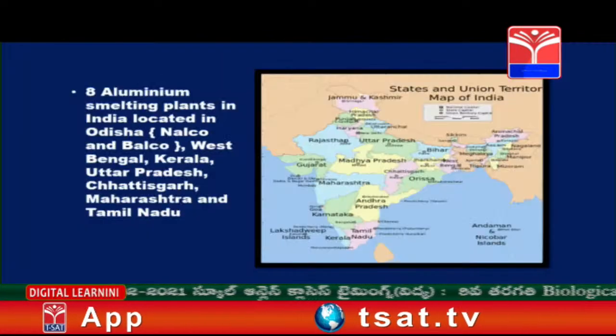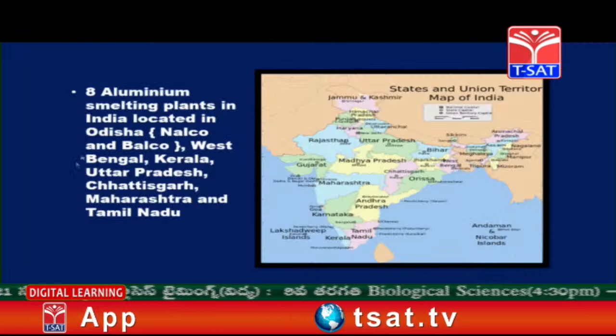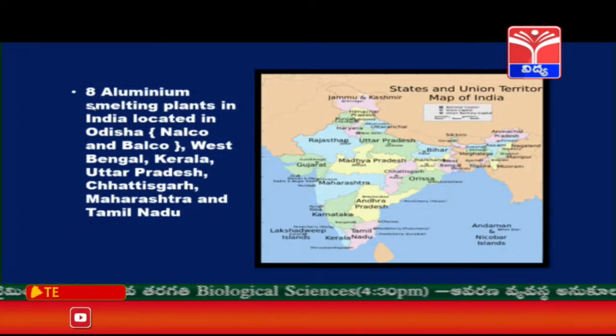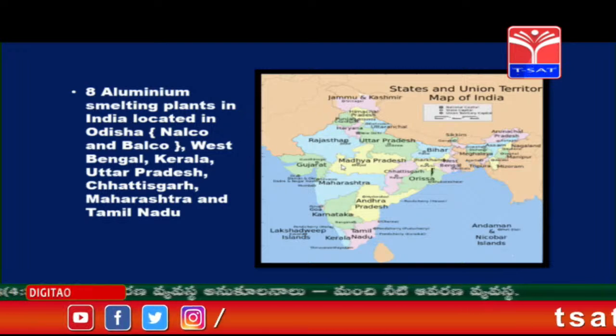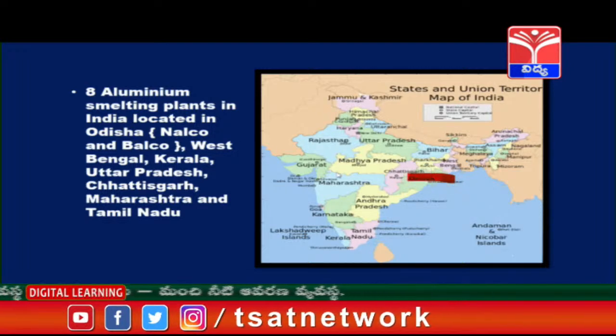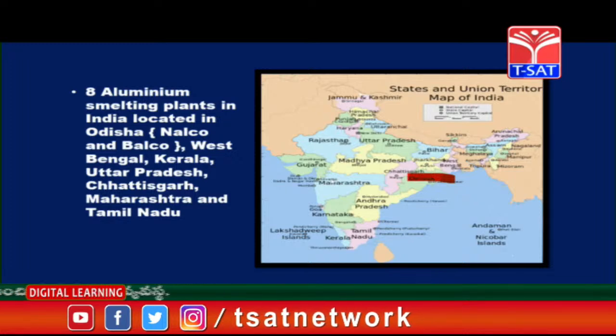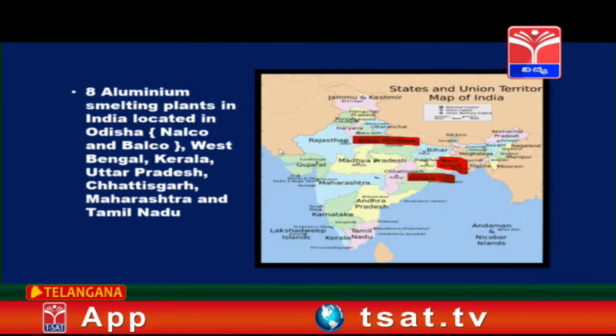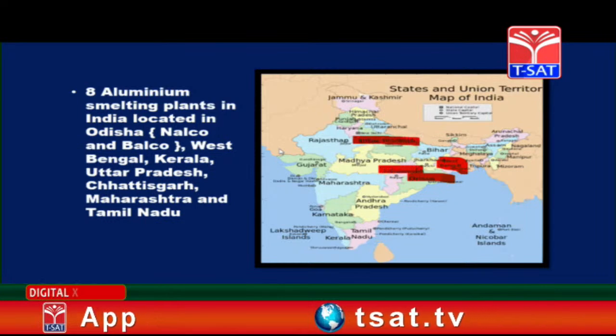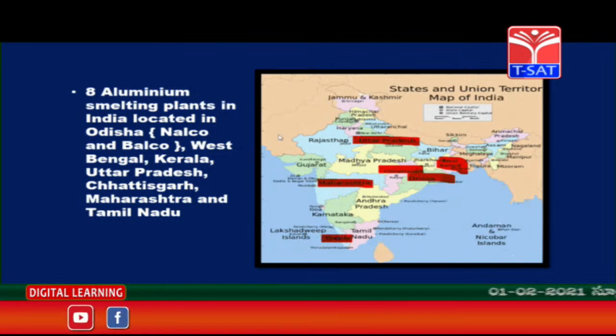How many aluminium plants are there? There are 8 aluminium smelting plants in India, located in Odisha, that is the Nalco and Balco plants, West Bengal, Kerala, Uttar Pradesh, Chhattisgarh, Maharashtra and Tamil Nadu.